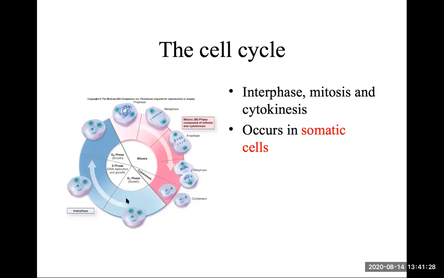So examples of this would be like the neurons in your brain. You've probably heard, don't destroy the neurons in your brain because you're not going to get any more. So the neurons in your brain are not undergoing mitosis. You have a finite amount of these neurons. On the other hand, we see very rapid growth and mitosis in cells that line your mouth.